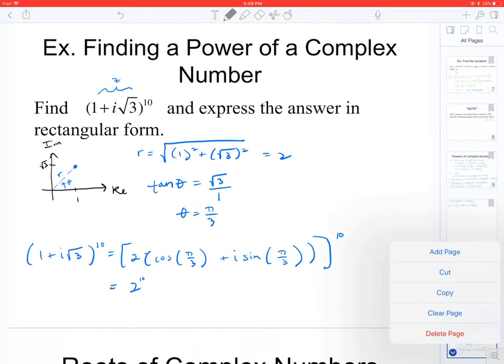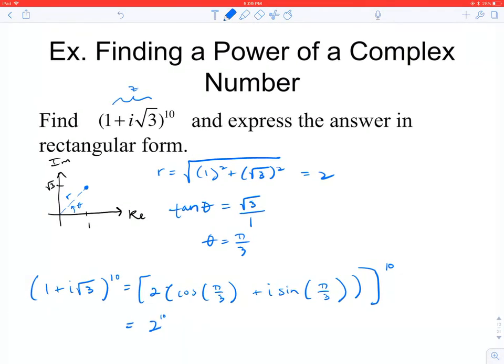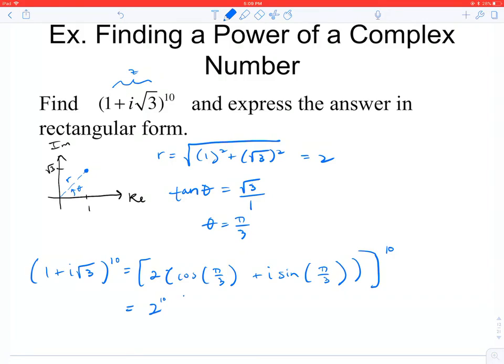Now, if we apply de Moivre's theorem, that's 2 to the 10th, then cosine of 10 times pi over 3, so 10 pi over 3.